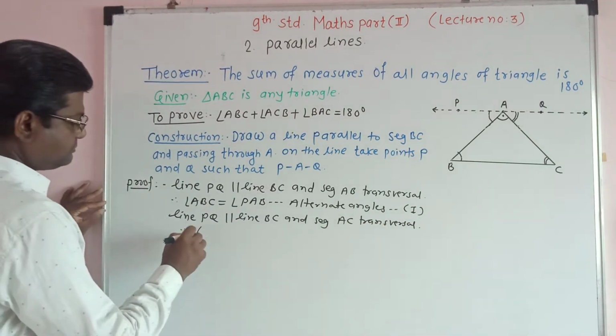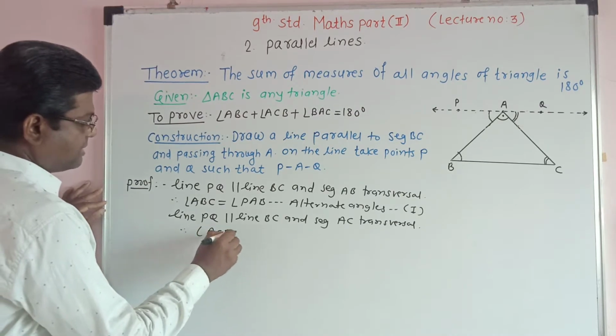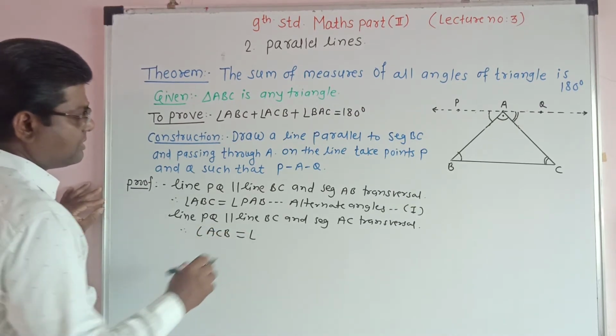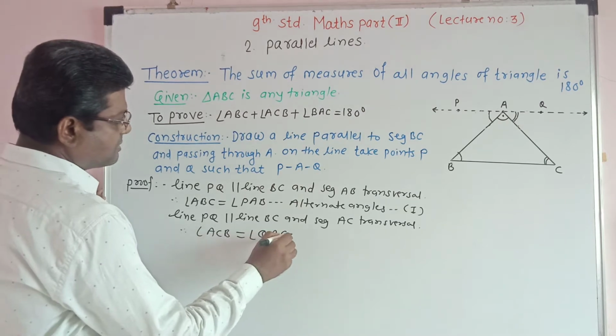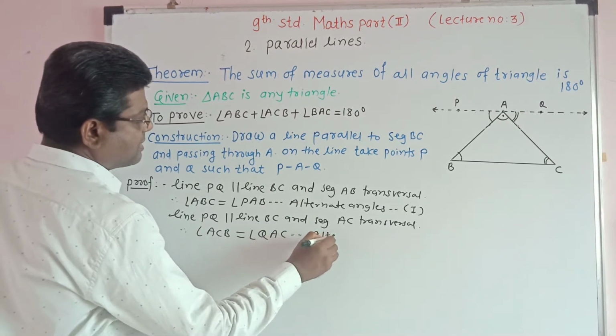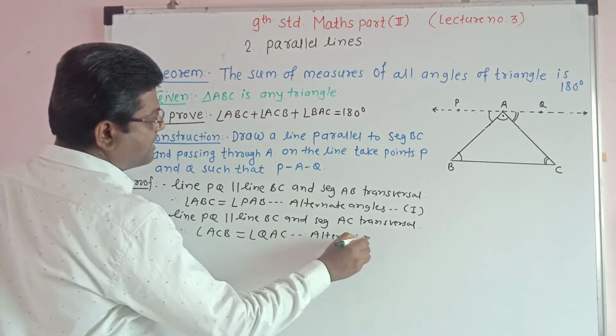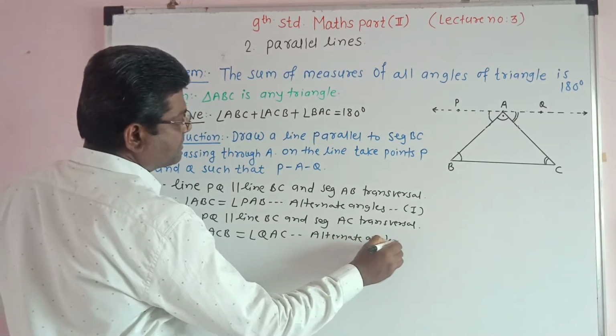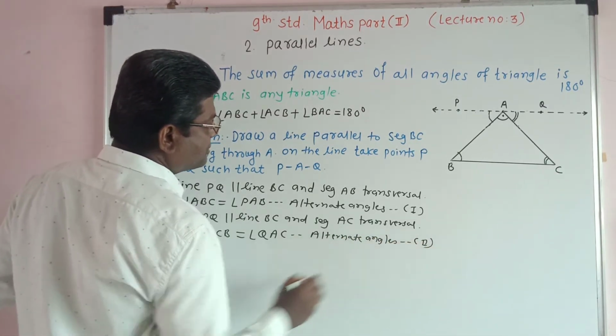Therefore angle ACB is equal to angle QAC, alternate angles. Let this be equation number 2.